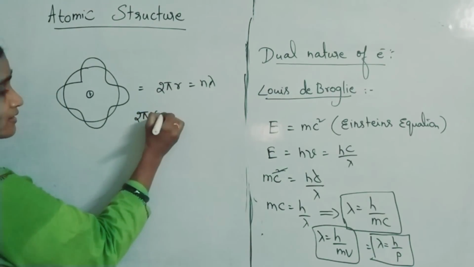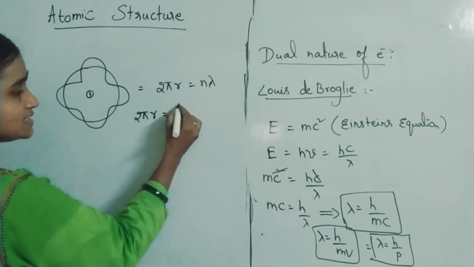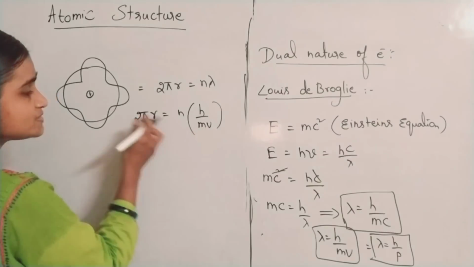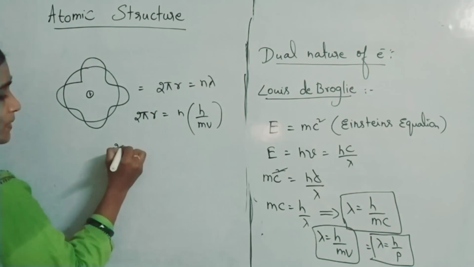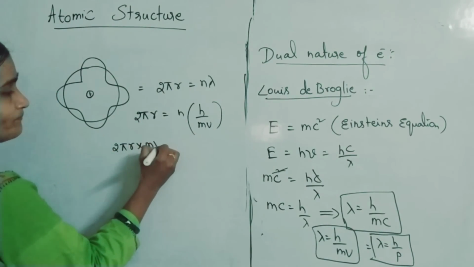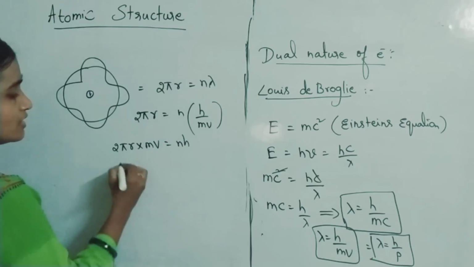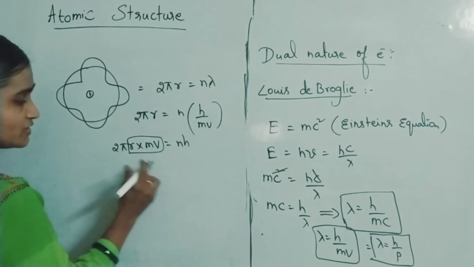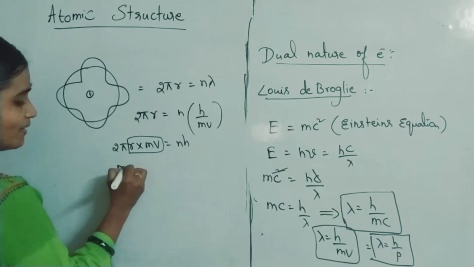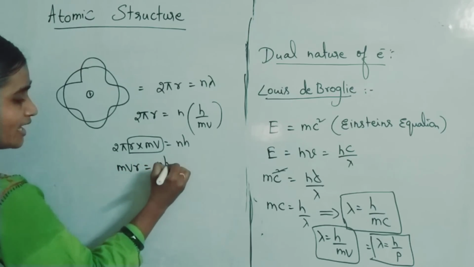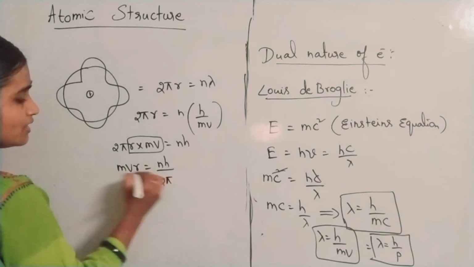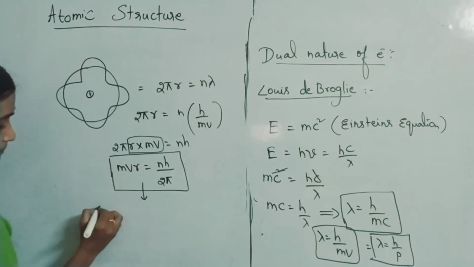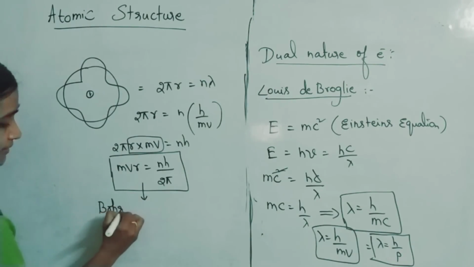So 2 pi r, the circumference of the wave, is equal to n into h by mv. If you cross multiply, 2 pi r into mv is equal to nh. So mvr, if you leave it like this and bring this 2 pi to the denominator, mvr is equal to what? nh by 2 pi.